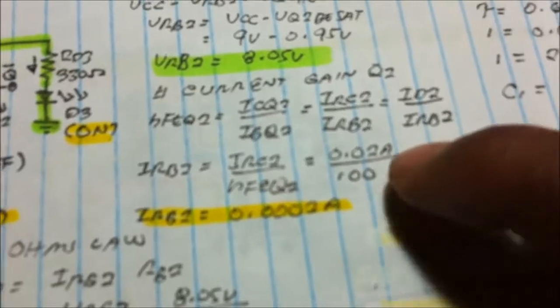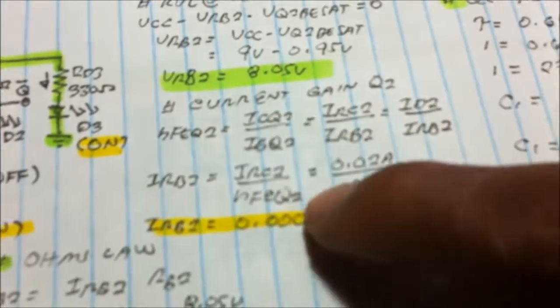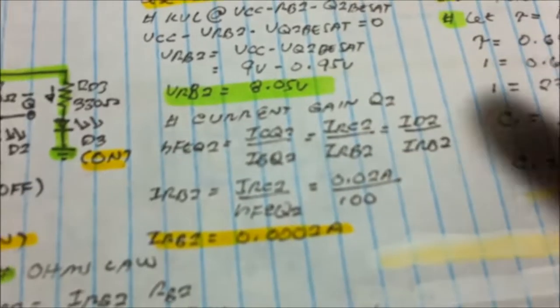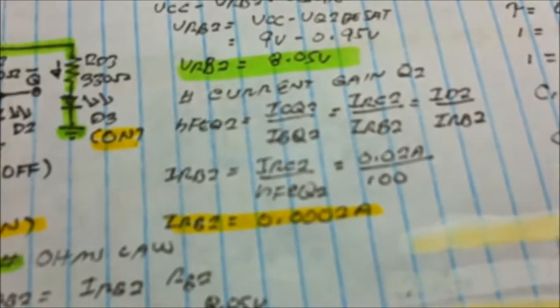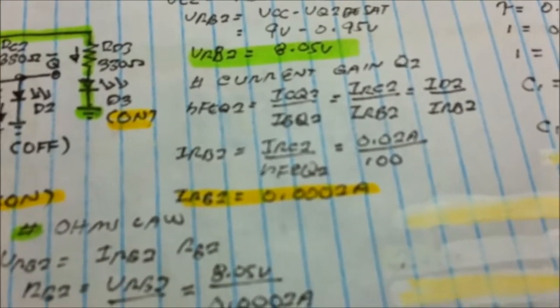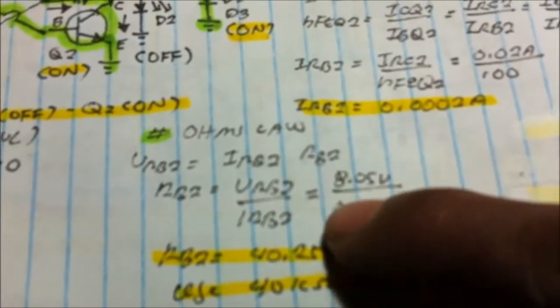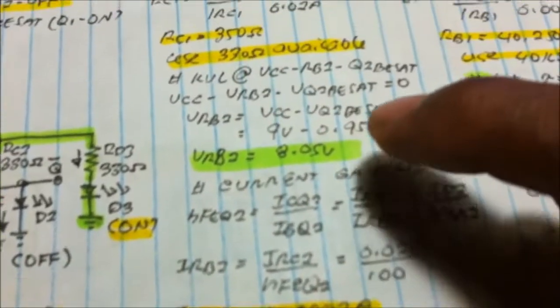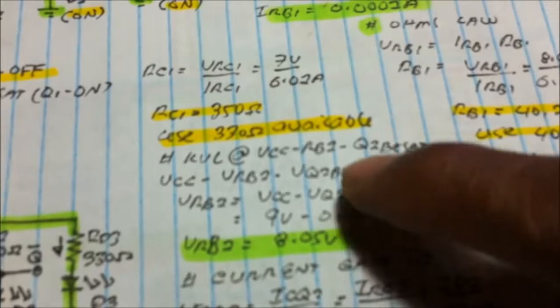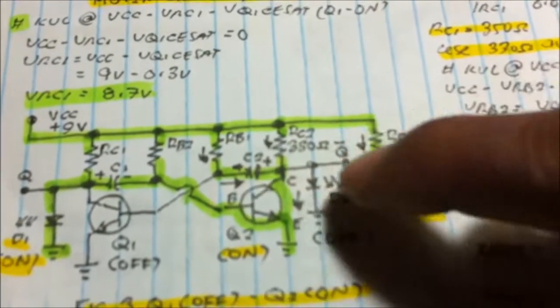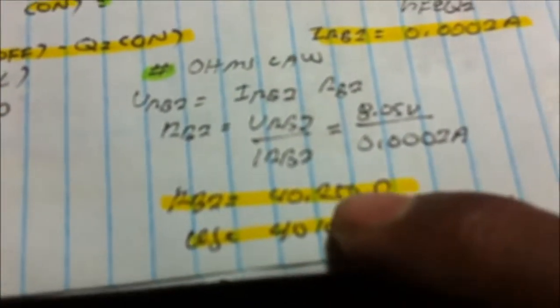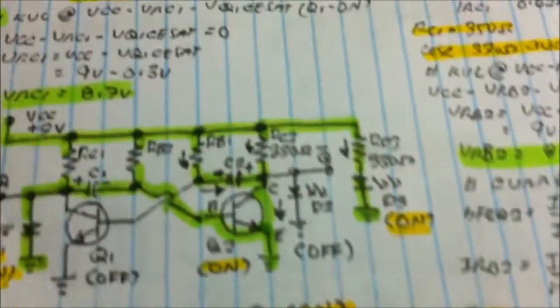Using that formula, collector over base, and since I'm using a current gain hFE of 100, by transposition I got the current at the base, IRB2, as 0.0002 ampere. Knowing the current at RB2 and using Ohm's law, we know the voltage drop at RB2 with this formula, KVL, divided by the current, and we now get 40 kilo ohms. That is now the value of RB2.